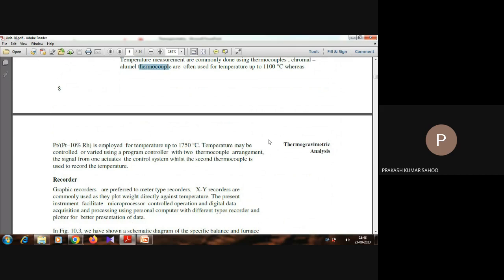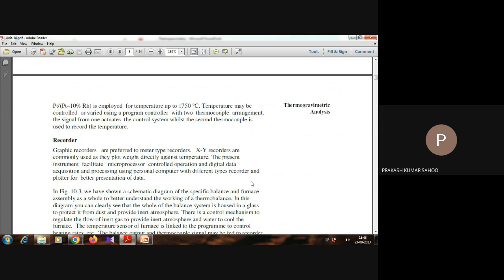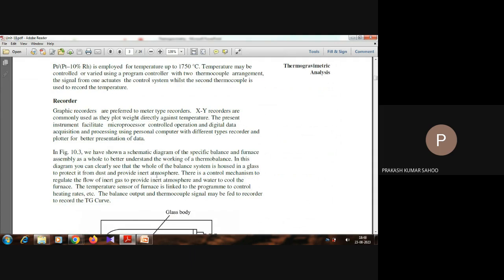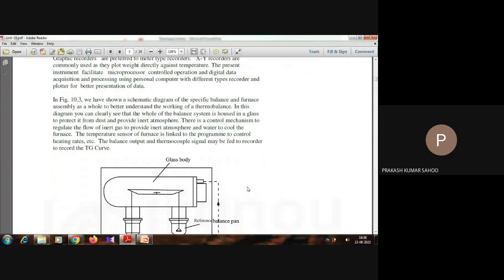For temperature measurement and control, we have a sensor which would control the temperature through a chromel-alumel thermocouple for heating purposes. This thermocouple will have a heating capacity of up to 1750 degrees centigrade if it is made up of platinum and 10% rhodium. Then there is a recorder which can record the data.